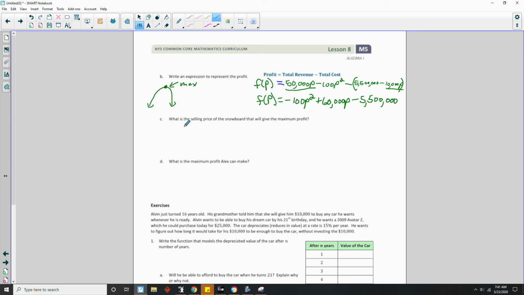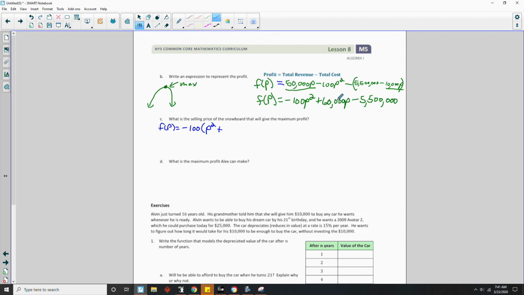So what I do is I write f of p equals, and I'm going to use this function here, but I have to complete the square. So I bring my first term out, negative 100, parentheses, and if I'm going to factor out 100, then this is just going to be p squared plus 60,000 divided by 100.